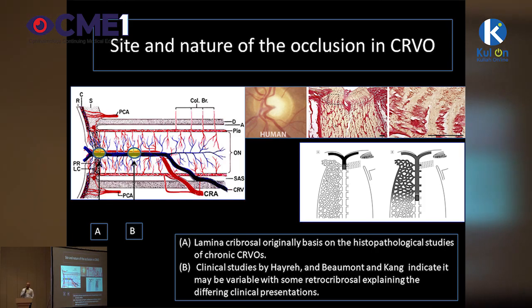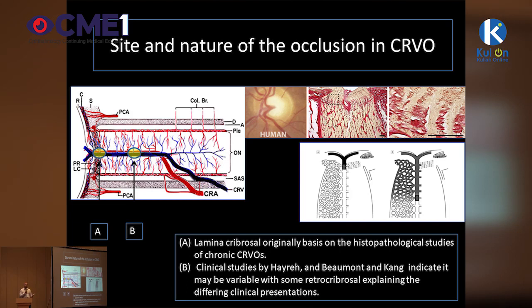Okay. If we look at central retinal vein occlusion, there have been a lot of excellent histology studies that have looked at why people develop central retinal vein occlusion. As Dr. Alia would tell you, who does a lot of research on optic nerves, you actually have what's called a physiological narrowing in the optic nerve head behind the lamina cribrosa. And that is often the site where you will get a thrombus forming in central retinal vein occlusion.